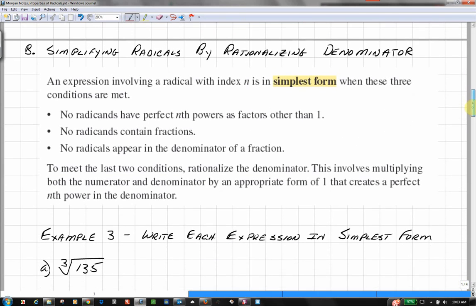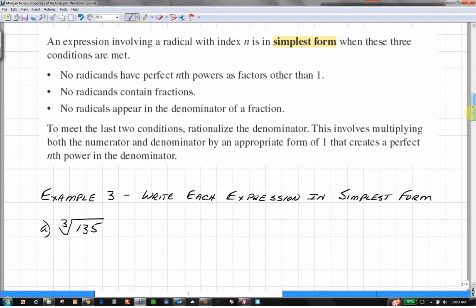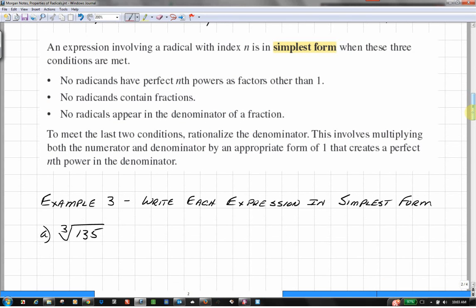Like we had before, you cannot have radicals in the denominator. So here's a list of things that you need to simplify so that these don't exist. Number 1, you can't have any perfect squares or not perfect squares, but you can't have any perfect powers underneath the radical sign.